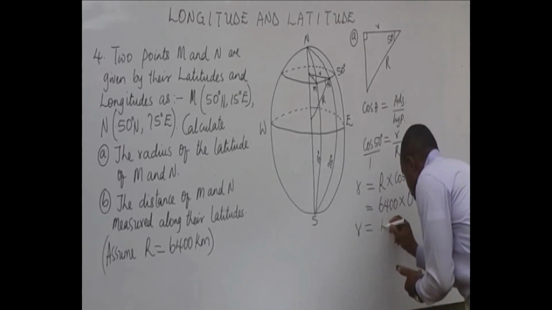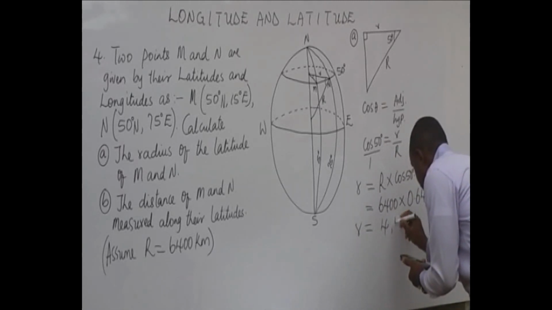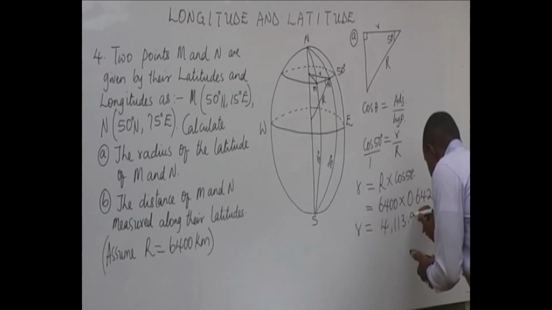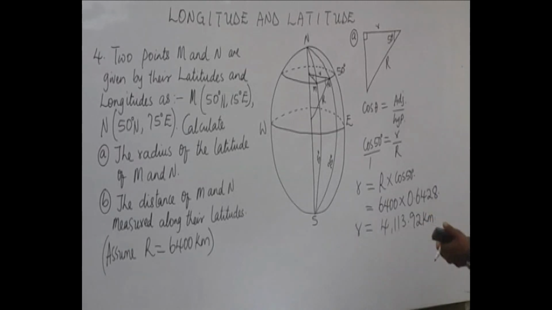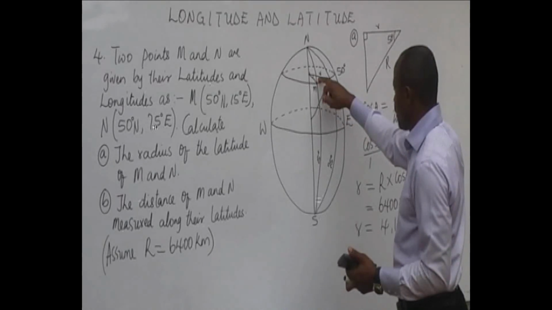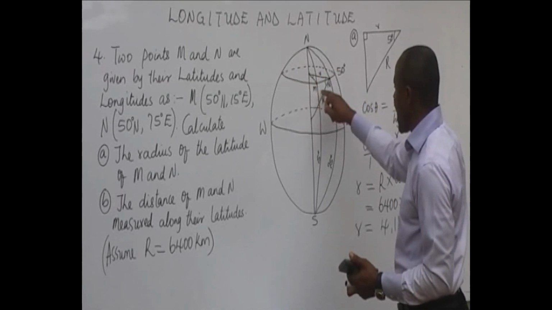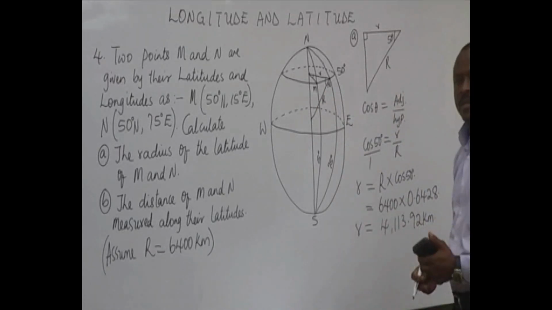It's giving me 4,113.92 kilometers. That is the value of the radius of the circle of latitude where M and N is found.